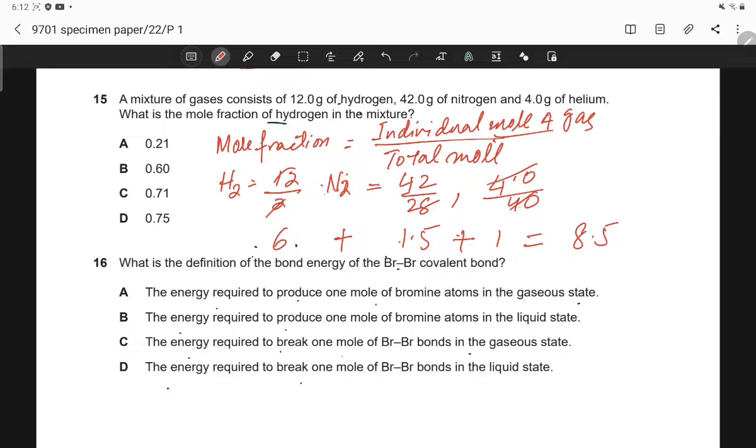Total mole is 8.5. Now calculate hydrogen mole fraction: 6 divided by 8.5 is 0.705, which is equal to 0.71. So this is the correct option.